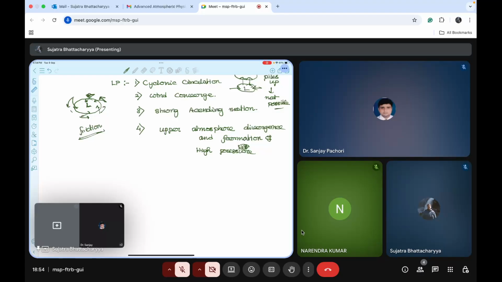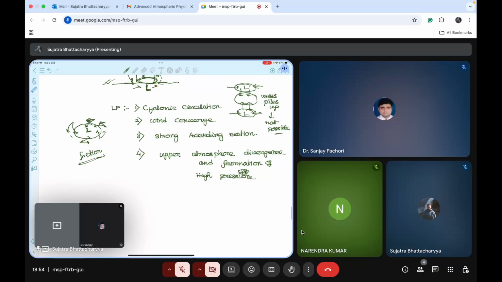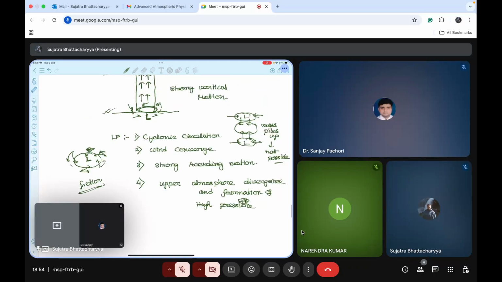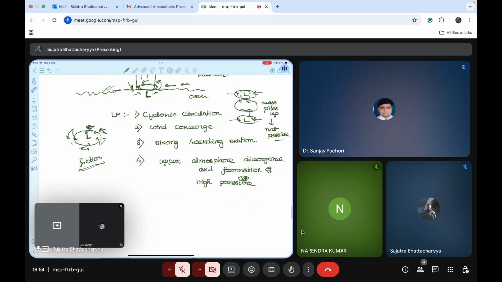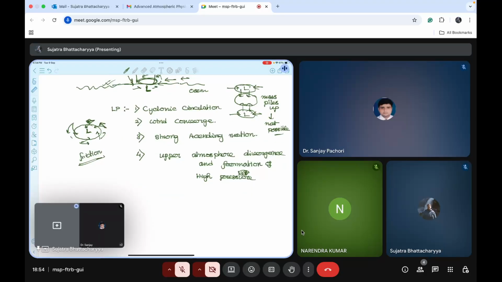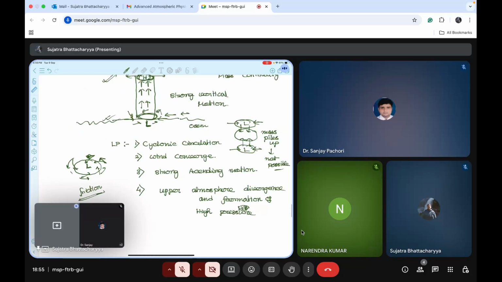Now, another thing, you are saying a strong ascending motion. Assume that this is an oceanic region. So, winds which are coming from here will carry some moisture with them. Now, when strong ascending motion is there, the moist winds tend to go up, right? Now, when the moist air goes up, it cools because temperature decreases as you go up.